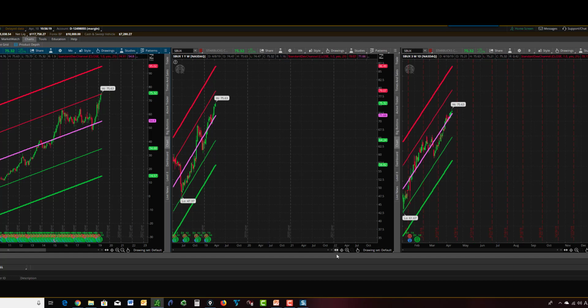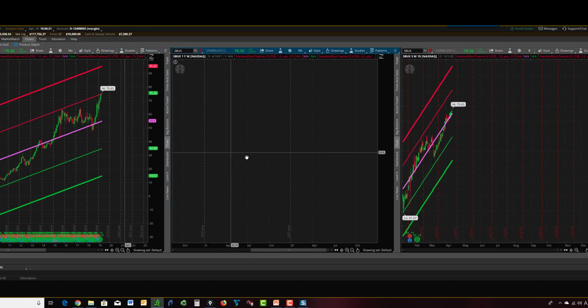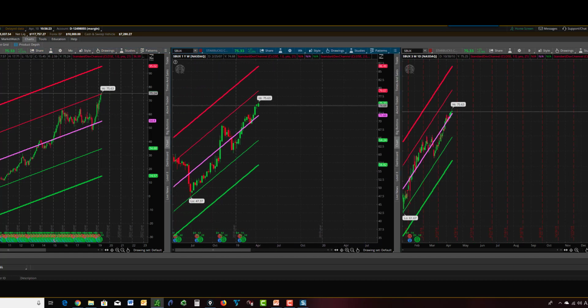On the weekly chart, what I'm looking for is whether it's going to continue going higher. Now this here is already at this point. So for a new person, I don't recommend trying to buy this to go as high as possible; it may go even higher than here.